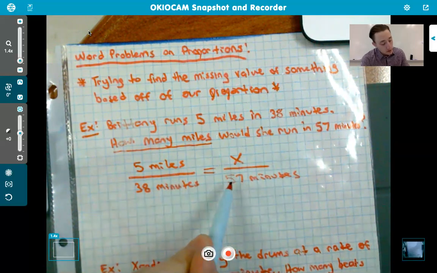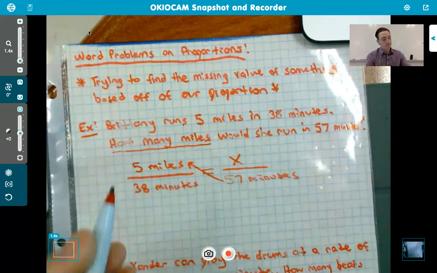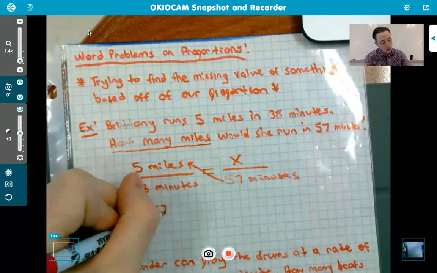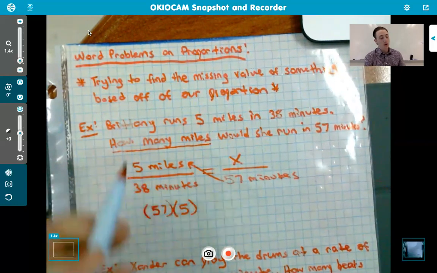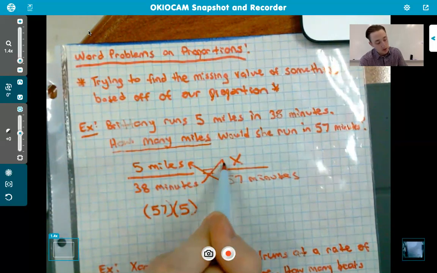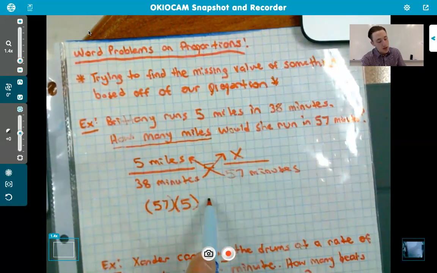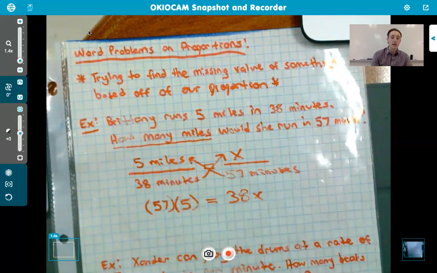Okay. What we can do is 57 times 5, right? When we do our cross multiplying, we'll multiply the denominator in one fraction by the numerator in another. And we could do the same thing over here. So we'll have 38 times X, and we're going to separate that with an equal sign.